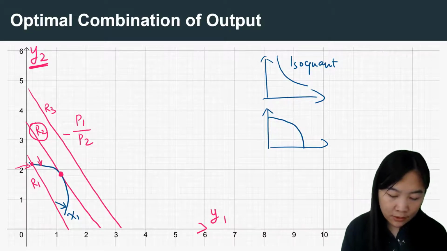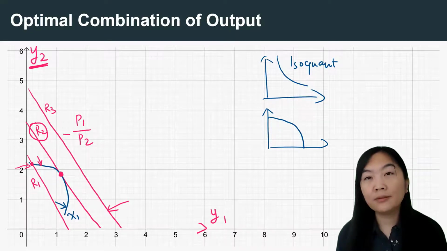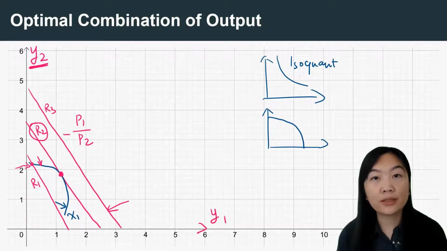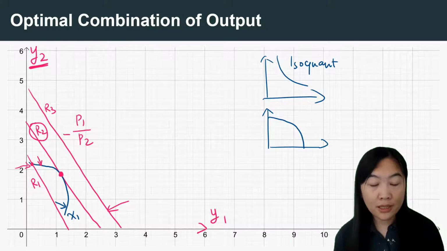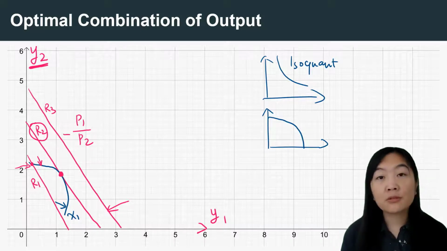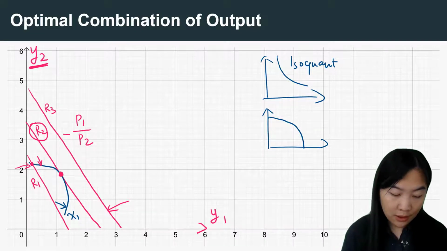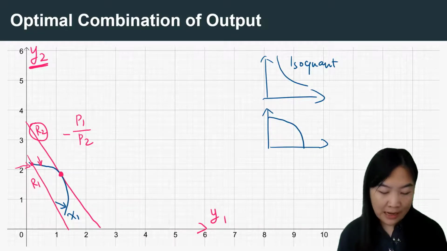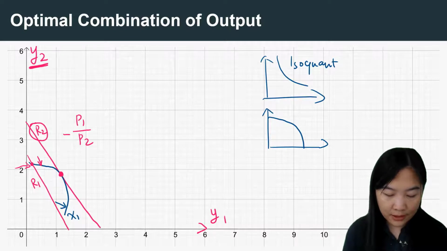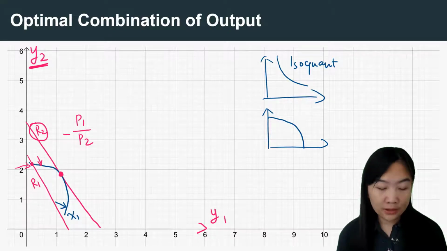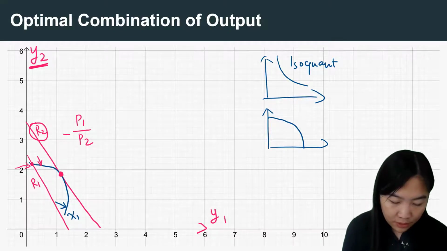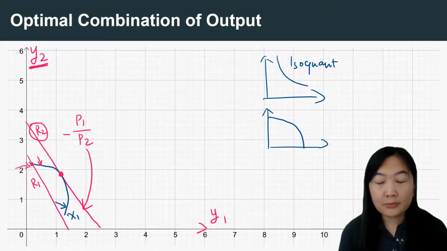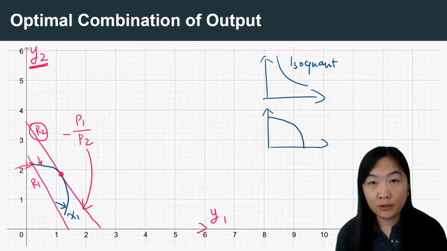And can the producer get the revenue of R3? No, right? It's not possible to use the level of X1 to reach revenue 3. So R3 here is not feasible. And the maximum revenue actually happens where the slope of the iso-revenue line, which is minus P1 over P2, matches the product transformation curve.